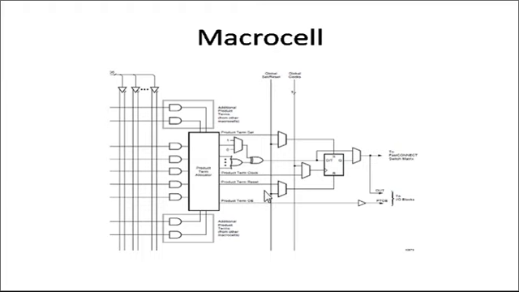Similarly, a product term reset or global set reset. And similarly here, whether you want to select a product term clock or a global clock. And global clocks are 3. That's why this mux has 4 inputs.